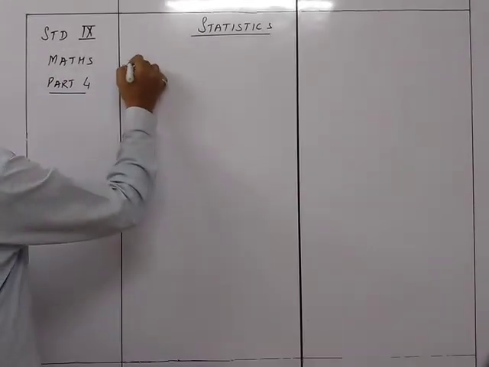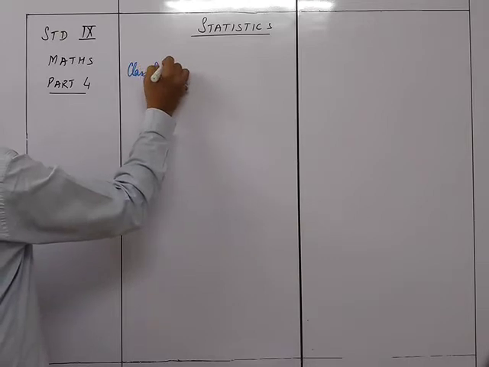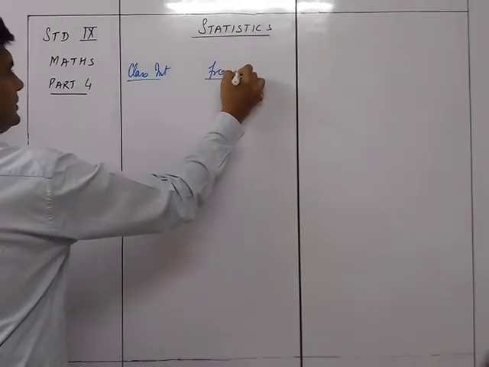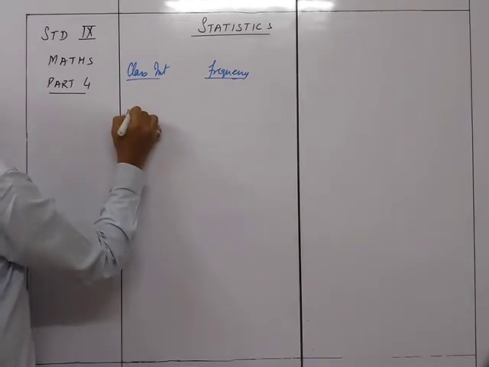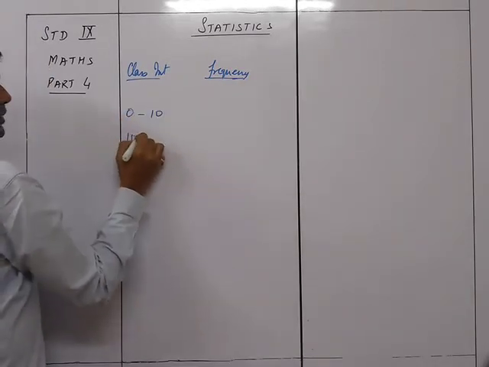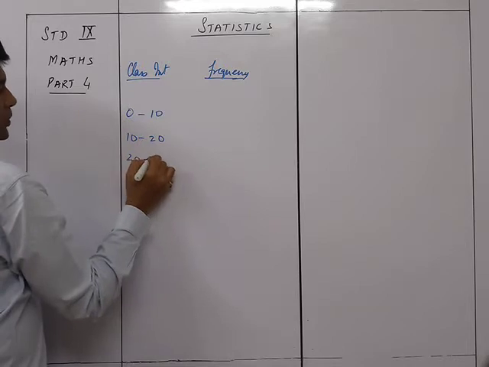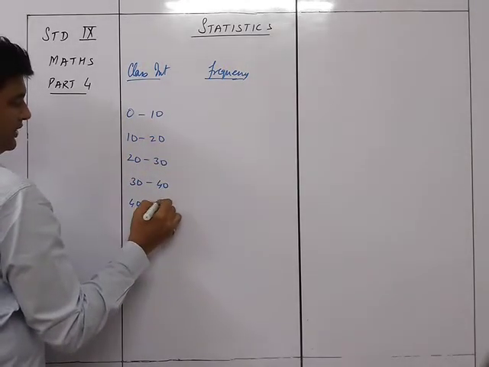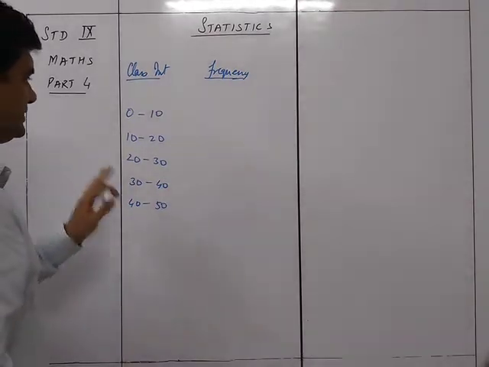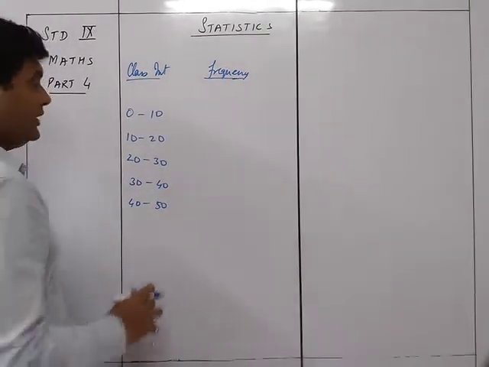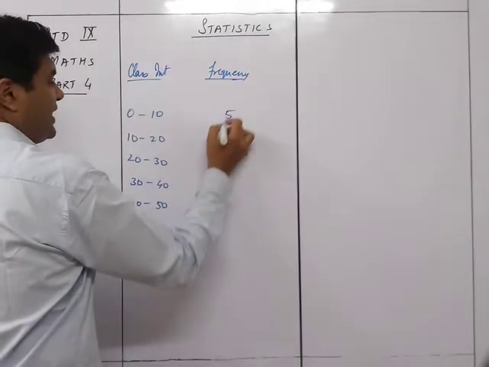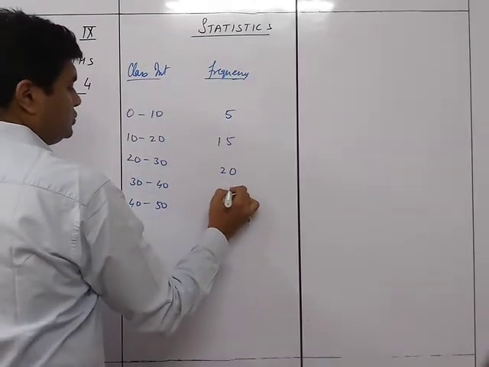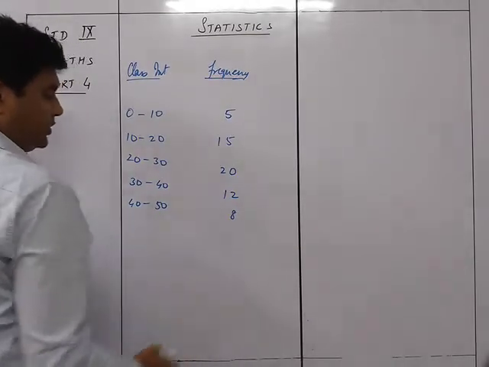We have class interval and frequency, starting with 0 to 10, 10 to 20, 20 to 30, 30 to 40, 40 to 50. I'll make it only this much. And the values are, let's say, 5, then 15, then 20, then 12 and 8.